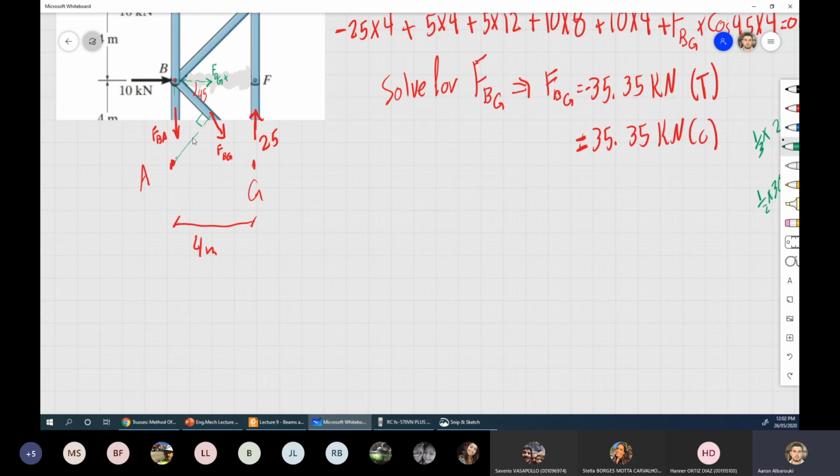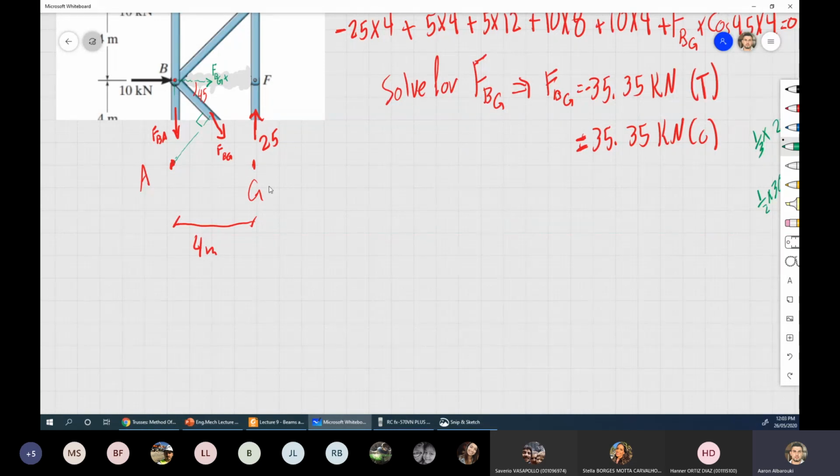If you remember, we were multiplying this force by 2, which is relatively correct, but it's wrong. It's half of this distance. This is 4, but this is not 4. Okay? The distance BG is not 4. AG is 4. AB is 4.